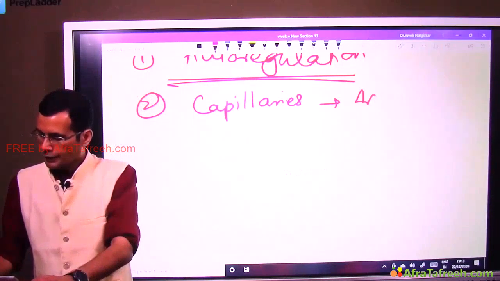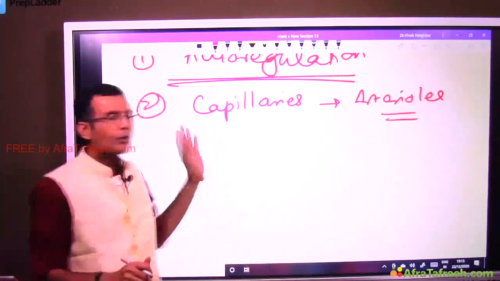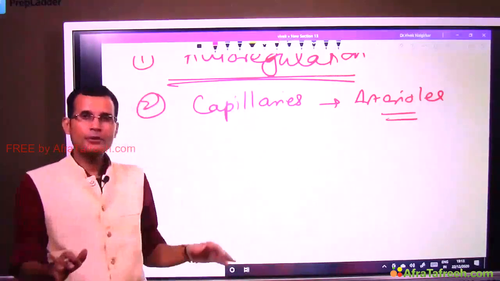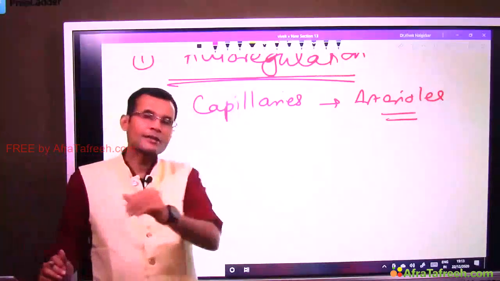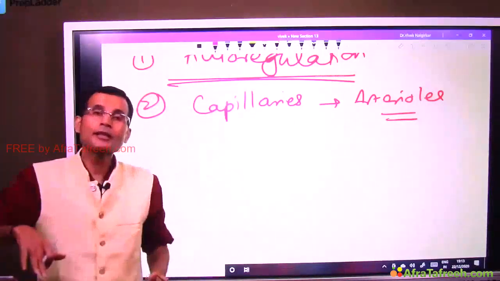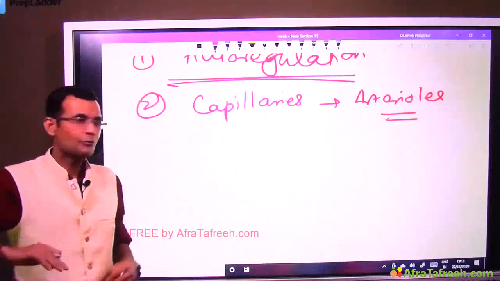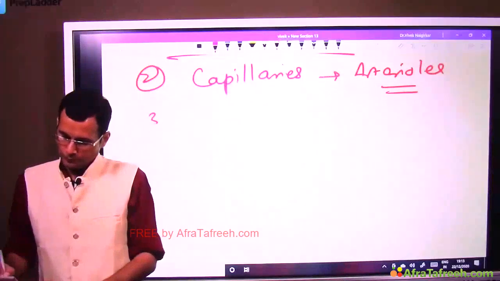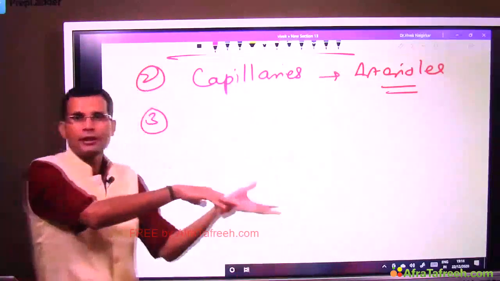Capillaries lead to arterioles, isn't it? Glomerular capillaries lead to the efferent arteriole. That's exceptional because everywhere else in the body, arterioles lead to capillary and capillary leads to veins, the venous compartment. But that does not happen here, at least in the glomerulus, in the nephron part.